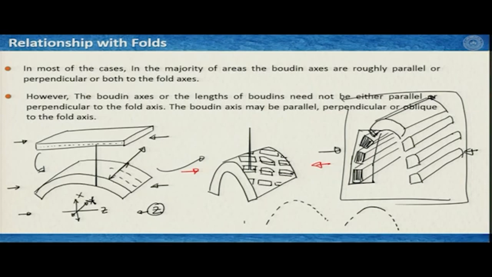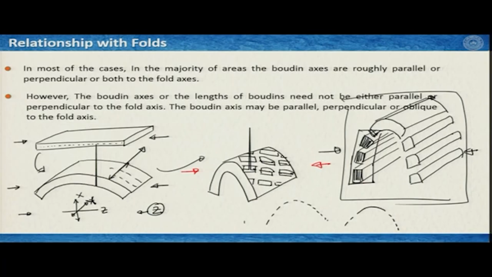So, among extension fracture Boudinage structures which have grown during flexure or buckle folding, those which have their axis parallel to the fold axis must have been initiated when the folds were fairly tight. On the other hand, the Boudins which are perpendicular to the fold axis could have been initiated either at an early stage or at a very late stage of the folding.